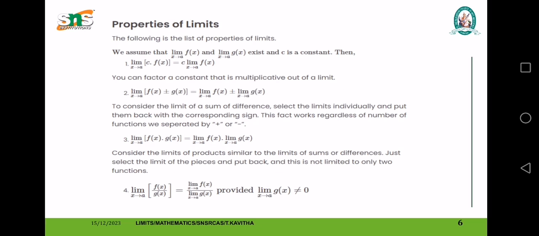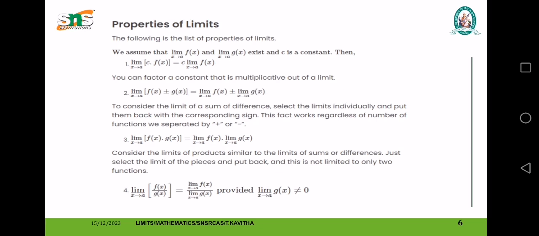Third one, product rule. Limit x tends to a of f of x into g of x is equal to limit x tends to a f of x into limit x tends to a g of x. Consider the limits of products similar to the limits of sums or differences.